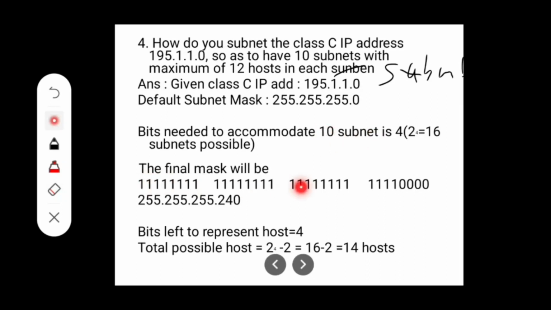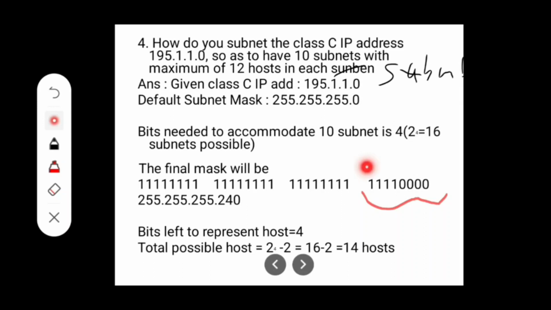Now we will write the masking. 255, 255, 255, so the first 3 bytes will be 1s. The last byte represents the host ID. From that, how many ones must be put? The first 4 bits will be represented as 1, because that represents the number of bits for the subnet.